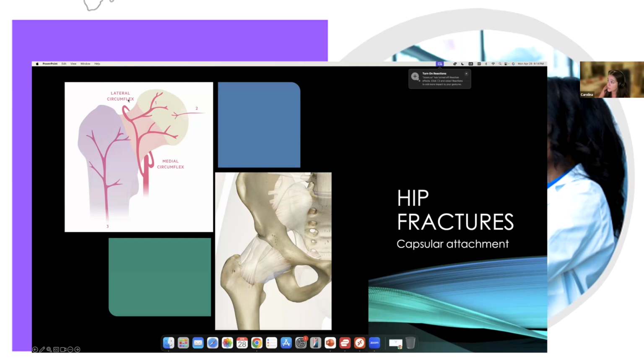However, most of the supply to the femoral head is actually through this plexus. So if anything happens in this region, which is actually the region most common for fractures, like the femoral neck, then there is a high chance of avascular necrosis of the femoral head. And this is where the capsule attaches all the way in the intertrochanteric region.